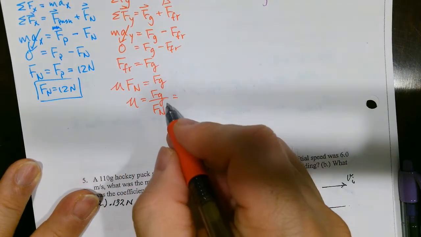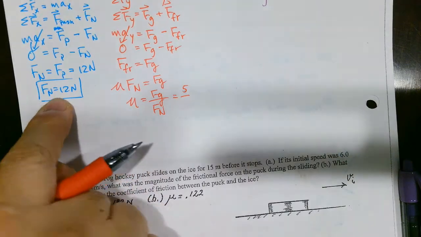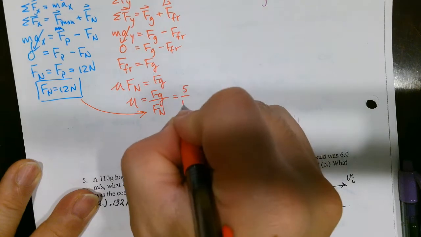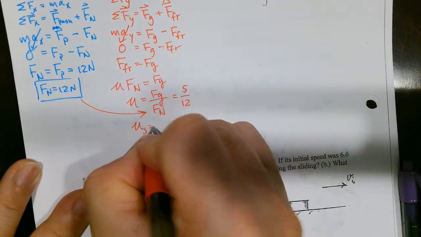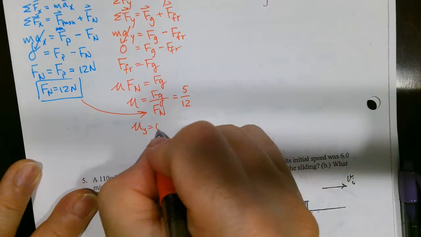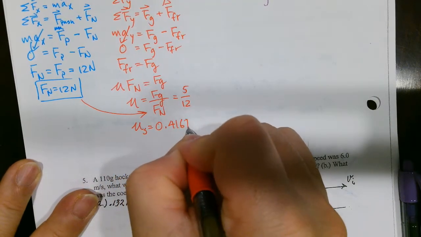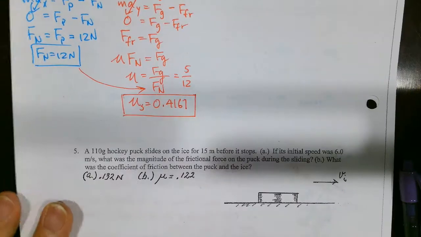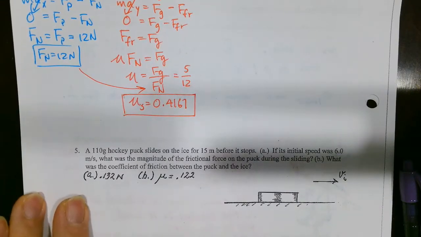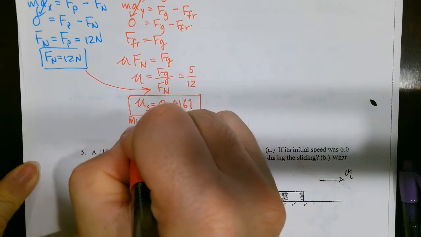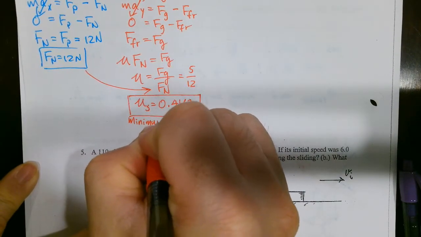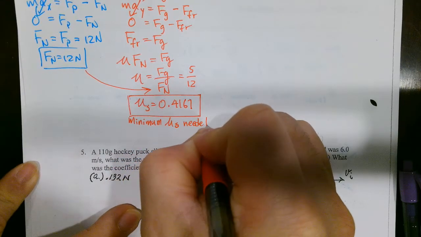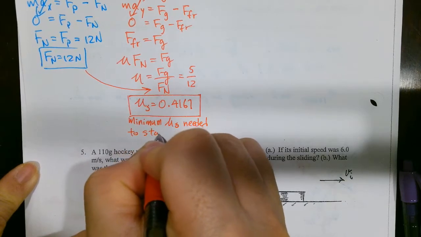In our case, Fg is only 5 newtons and my normal force is 12, so my mu sub s comes out to 0.4167. This is the minimum coefficient of static friction needed to stay up.